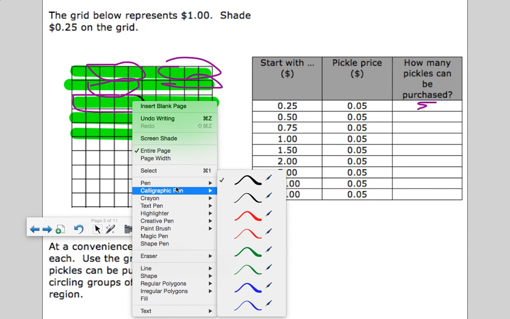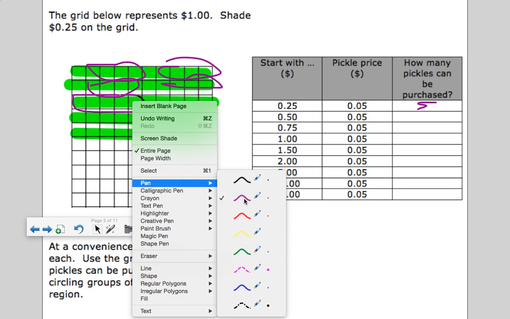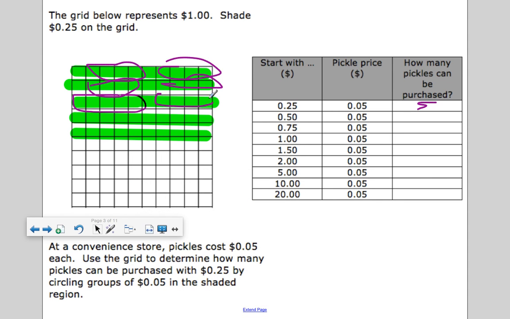And each pickle again costs how much? 5 cents. So this will be 5. That's another pickle. This is 5 cents. Another pickle. Another 5 cents. Another 5 cents. And another 5 cents. How many pickles do I see? 1, 2, 3, 4, 5. 10 pickles.